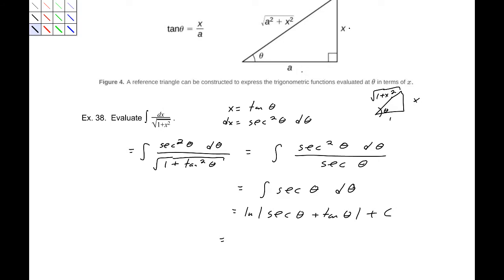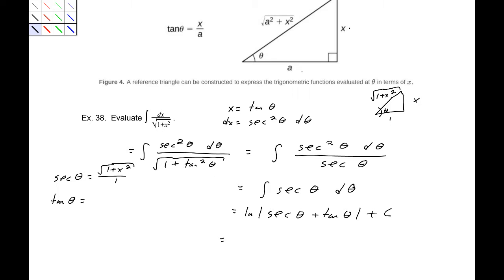So secant is 1 over cosine. Okay, so that would be hypotenuse over adjacent. So that is the square root of 1 plus x squared over adjacent, which is 1. And our tangent is the opposite over adjacent.